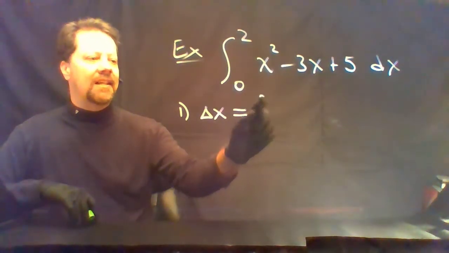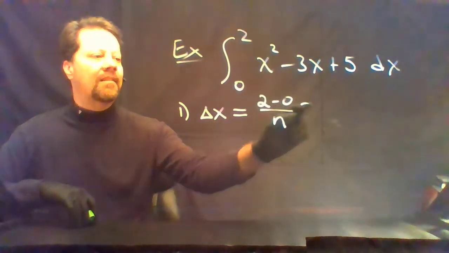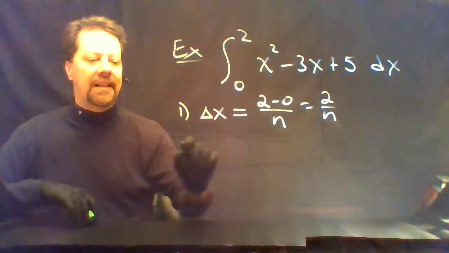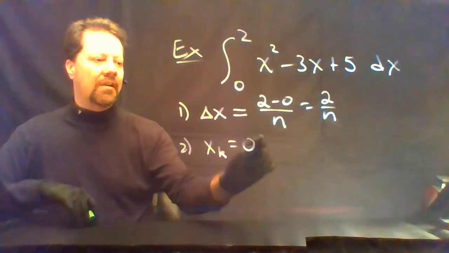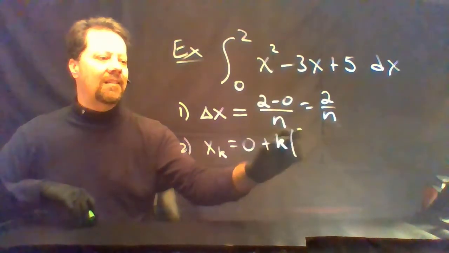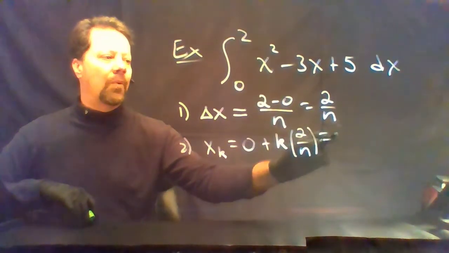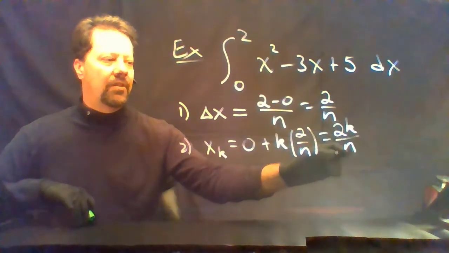Delta x in this case is 2 minus 0 over n, or 2 over n. The elements of the partition are 0 plus k times 2 over n, or 2k over n.